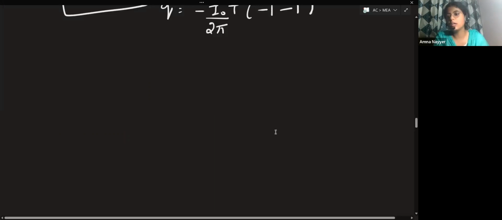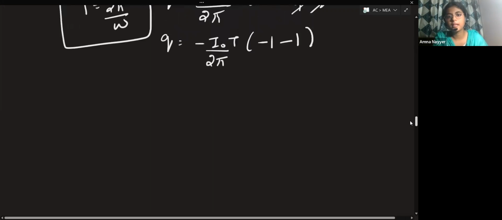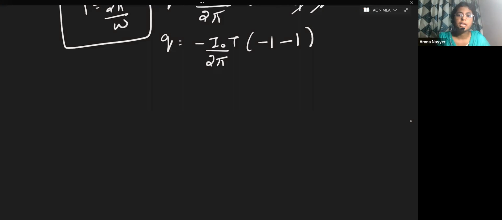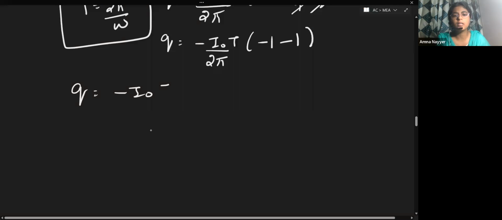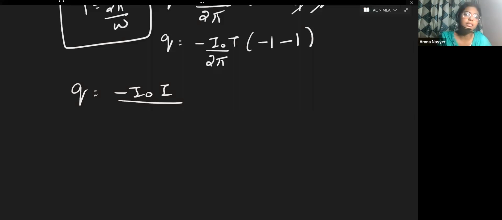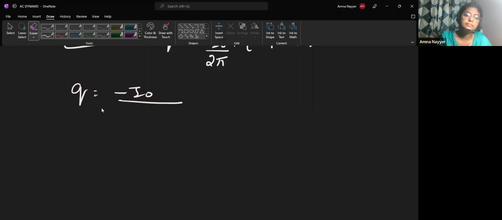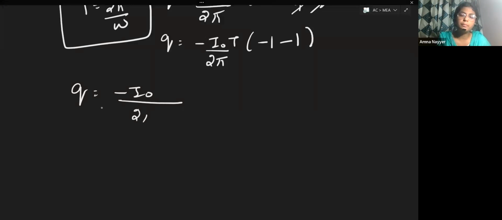So this becomes what? Charge will be minus I naught T divided by 2 pi into minus 2. So the 2 gets cancelled, and this becomes I naught. Now what will be the current?